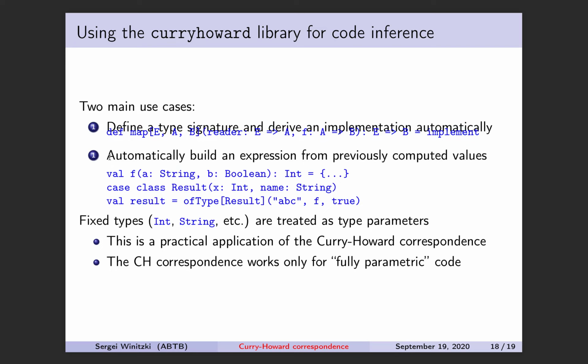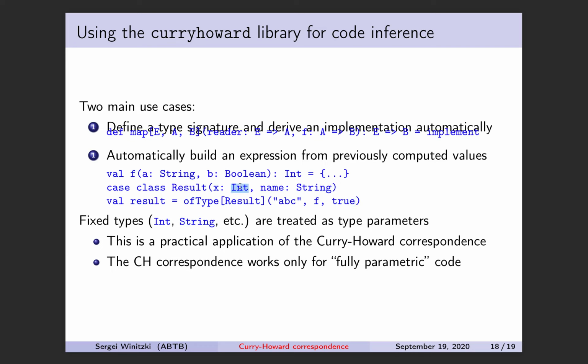The second use case is to build automatically an expression from previously computed values. So for example, imagine you have some code that looks like this. You have some case class, and you want to find the value of type result given this data. You have a string ABC, you have the function f, and you have a Boolean value true. And there's only one way of doing that.